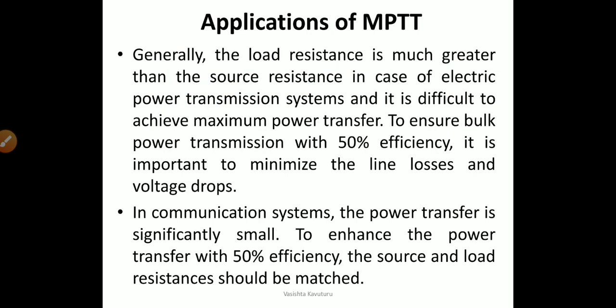The second application is in communication systems, where the power transferred is very small. To enhance the power transmission with 50% efficiency, the source and the load resistance should be matched. That means when the source resistance is equal to the load resistance, the efficiency will be 50%. We will see how the efficiency is 50% in the next slides.